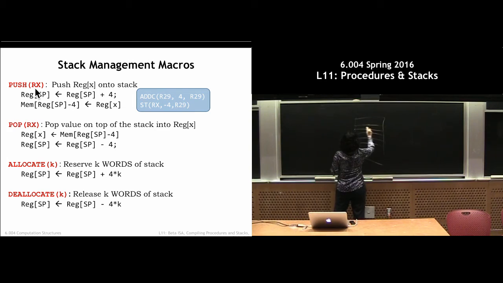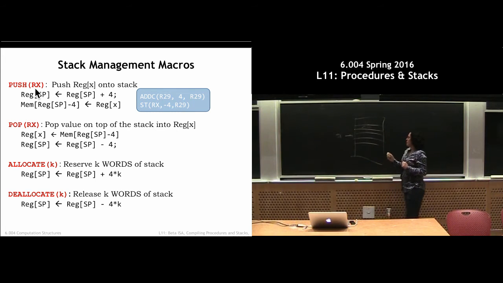Let's say that these are used portions, and my stack pointer is pointing over here. When I do a push, let's say I just push a value x, what I'm expecting is that x will end up in this location, and that my stack pointer will now move down to here and point to this next empty location.